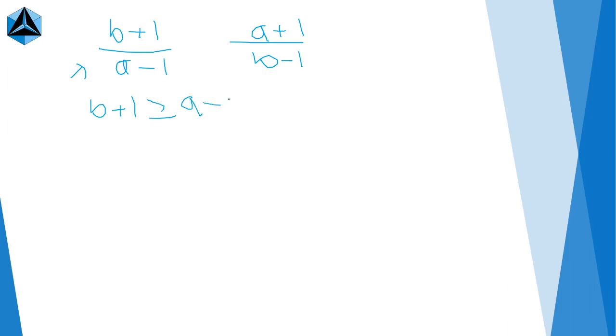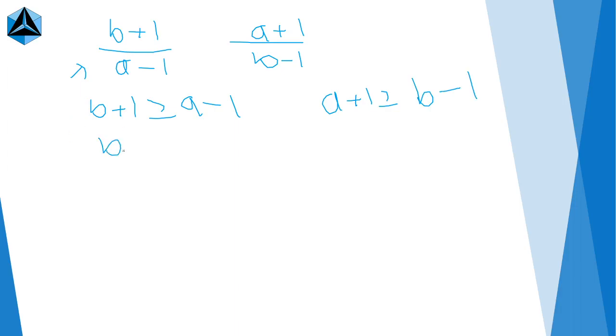If I want to give you an example, 3 can clearly not divide into 2 because 2 is smaller than 3, but 3 can divide into 6 because 6 is larger than 3. It seems obvious, but we're going to write this so we can get a bound on our variables. And similarly, we can write a plus 1 is greater than or equal to b minus 1. Let's put these in terms of a.